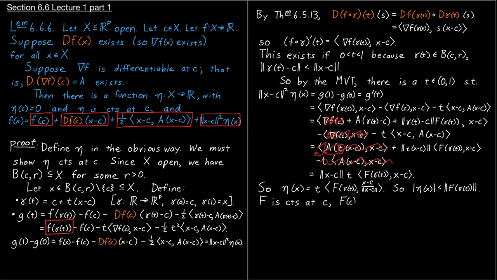Big F of c equals 0. Eta of c equals 0. So I think I will let you trace through the epsilon delta steps to see that eta is continuous at c. And that is all there is to that.